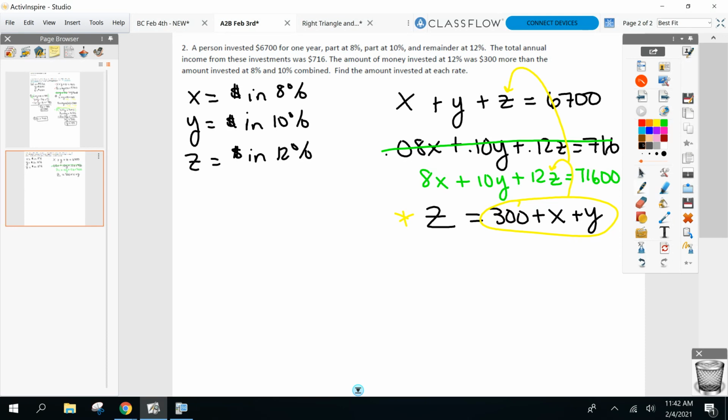Z is already equal to that, so plug it in. X plus Y plus, plug it in, 300 plus X plus Y. Everyone see, I'm just plugging in what Z was equal to. Still equal to 6,700.